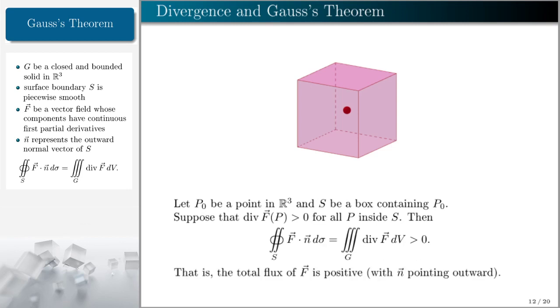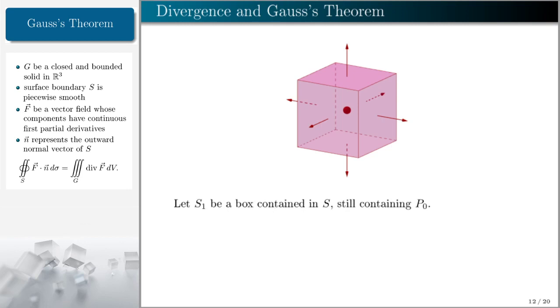Flux being positive means that the outward orientation of my surface will be the same as the direction of my force field, which will look something of this form, since we have assumed that the normal here will be pointing outward.